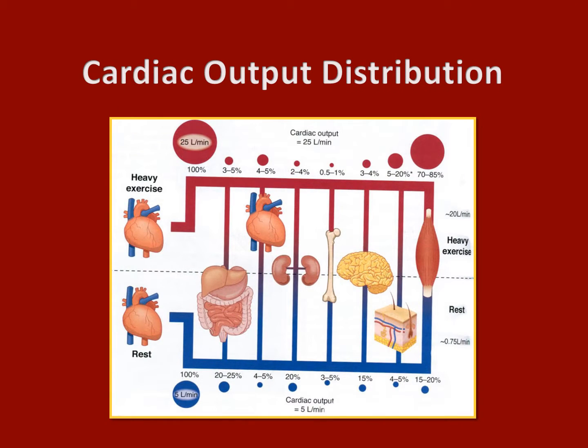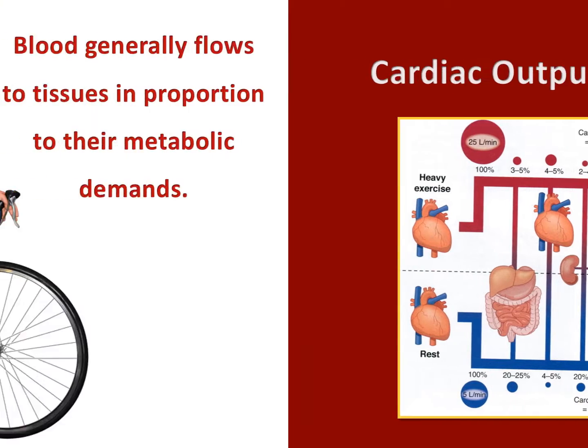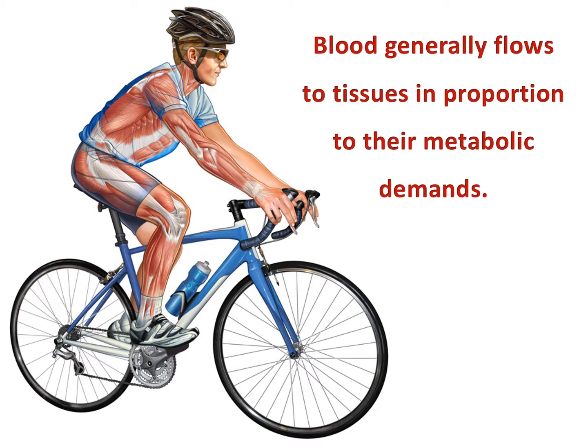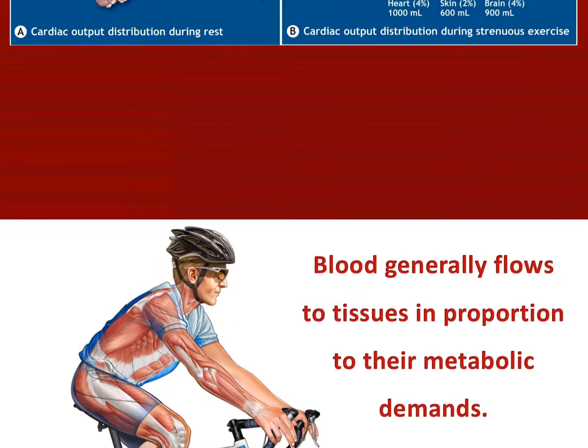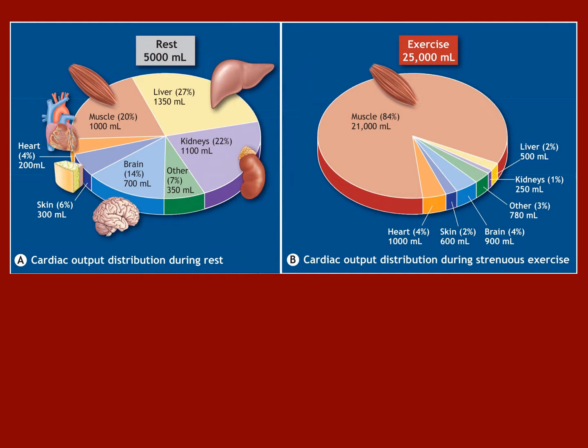How does blood flow, aka cardiac output, distribute in the body during exercise? Blood flow to specific tissues is always in proportion to the metabolic demands of that particular tissue. In the schematic, you can see how blood flow distributes to different tissues during rest and during exercise.